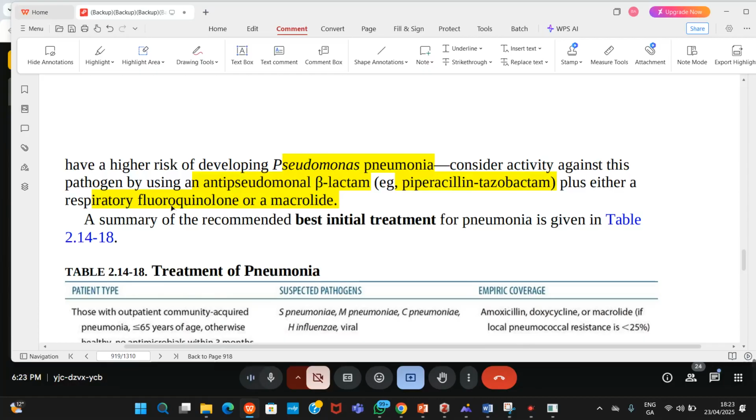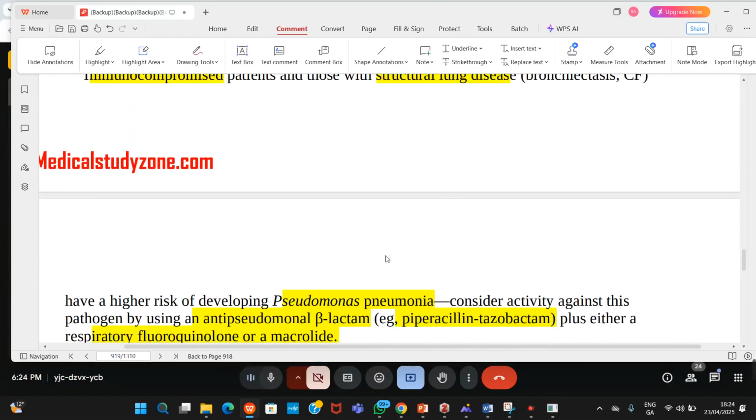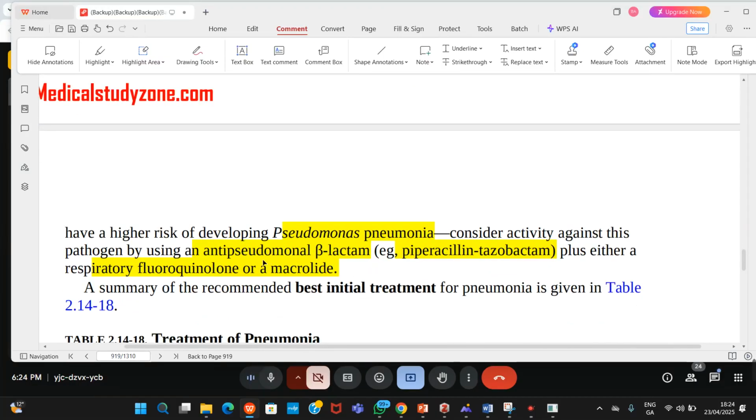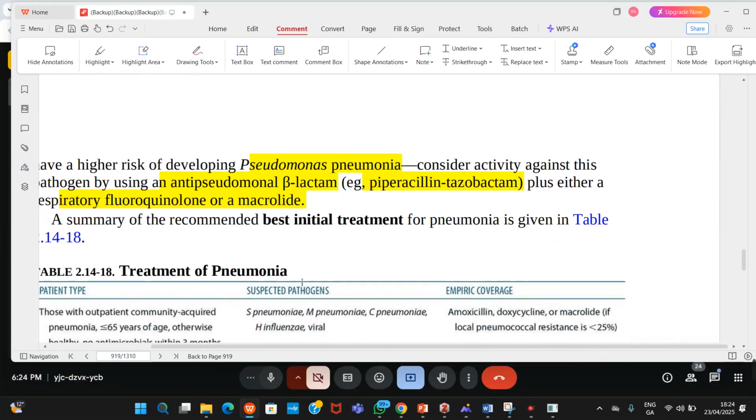Then you can add a respiratory fluoroquinolone or an aminoglycoside, especially if you are placing this kind of person on a mechanical ventilator. So if a person has structural lung disease like cystic fibrosis, automatically you must get one anti-pseudomonal antibiotic like piperacillin tazobactam. If you are placing them on a mechanical ventilator, you need to add another one, a respiratory fluoroquinolone or aminoglycoside.